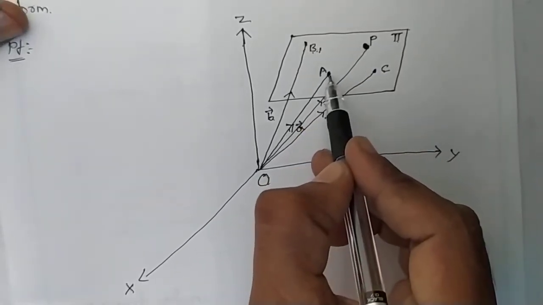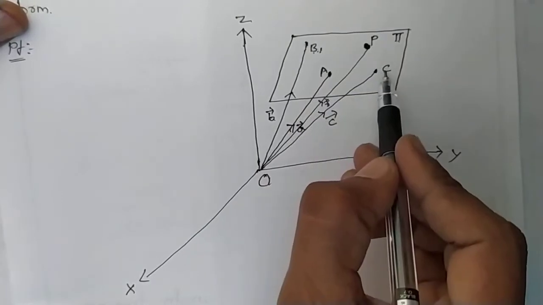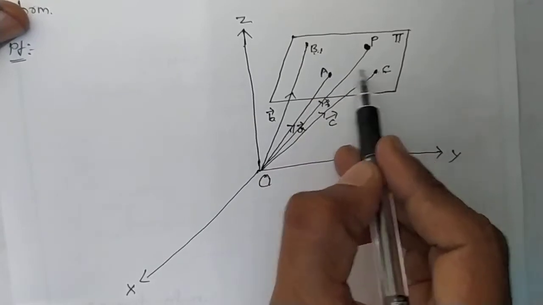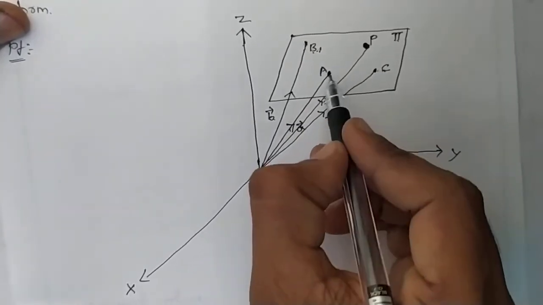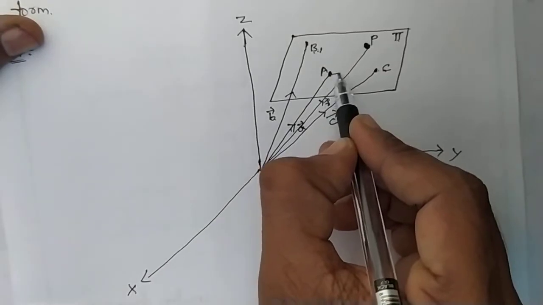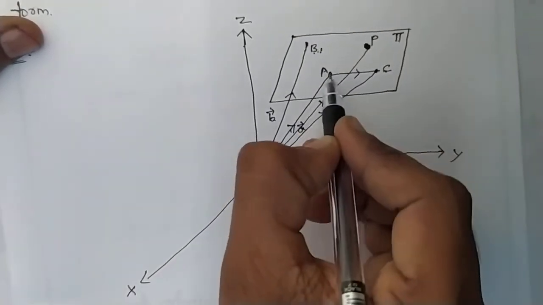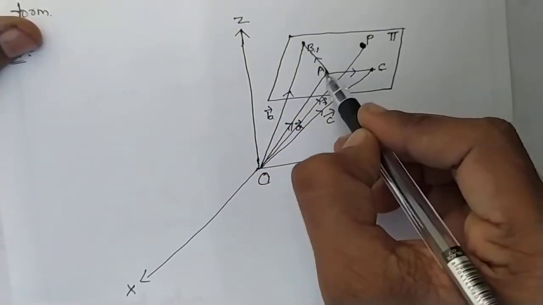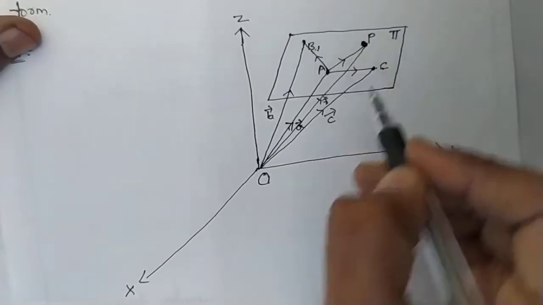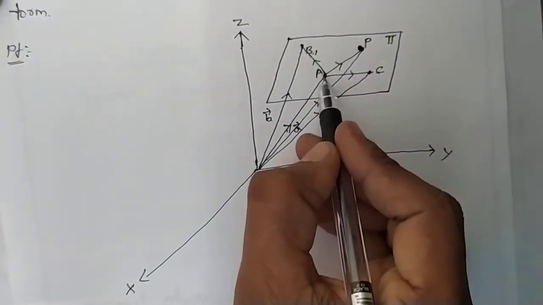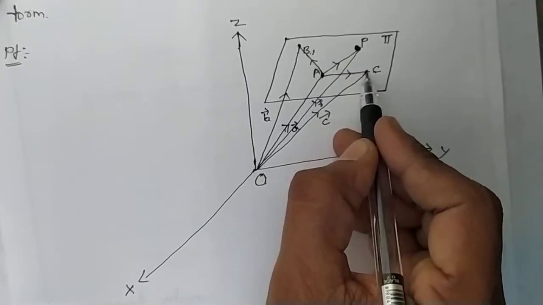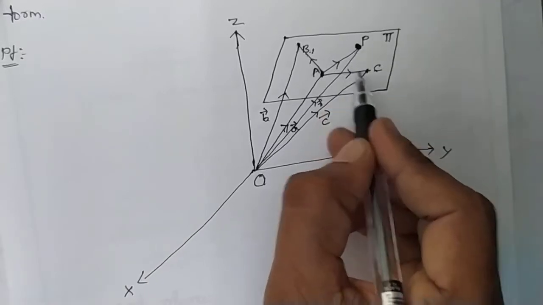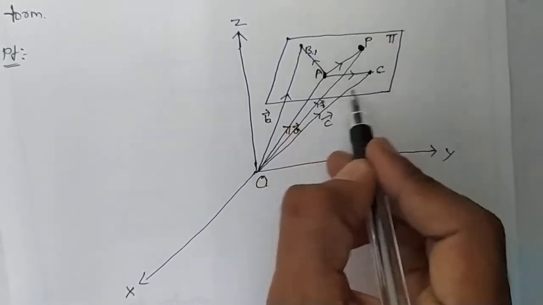Here we have the 3 non-collinear points, that is A, B and C. You can choose any one, either A, B or C. I will choose the point A. It is the vector AC, it is the vector AB, and it is the vector AP. You can choose any point in these 3 non-collinear points.